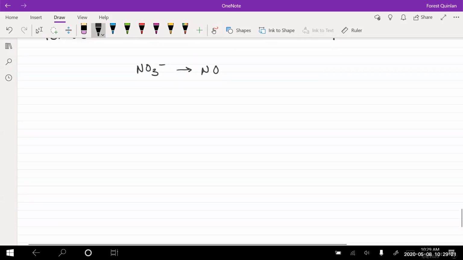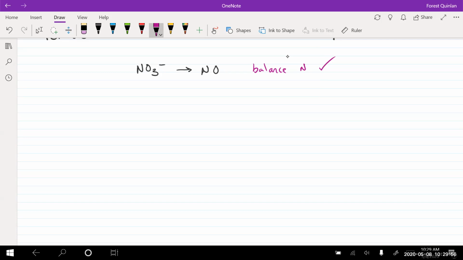Let's do this. The first thing I have to do is to balance everything that is not oxygen or hydrogen. So if we're not balancing oxygen, then the equation is balanced? Yes. So far, so good. So, let's see. Balance the nitrogen. Check, right? Because that's the only thing we have to do.